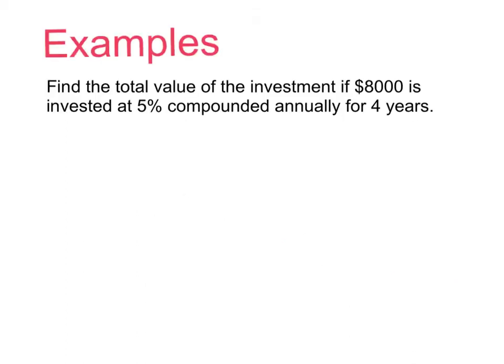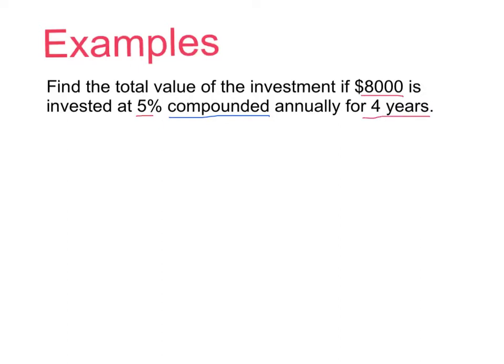So let's have a look at an example. Not simple interest, compounded interest, okay? I need to find the total value of an investment if $8,000 is invested at 5% compounded. Now, whenever you see the word compounded, I would like you to underline it. The other things I'd like you to underline are the principal, 8,000, the rate, and the time period, okay?